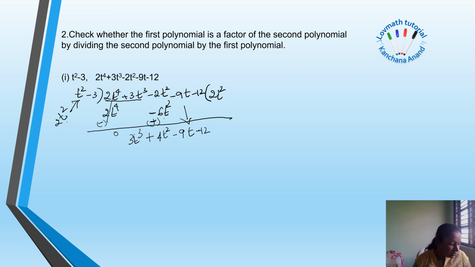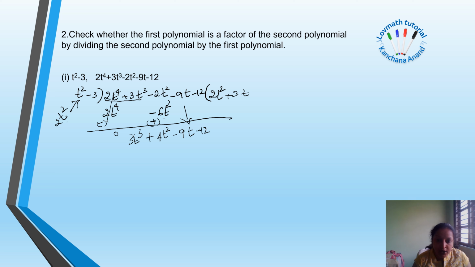To solve this polynomial, that is the remaining polynomial, we have to multiply the first polynomial, that is t square minus 3, by plus 3t.